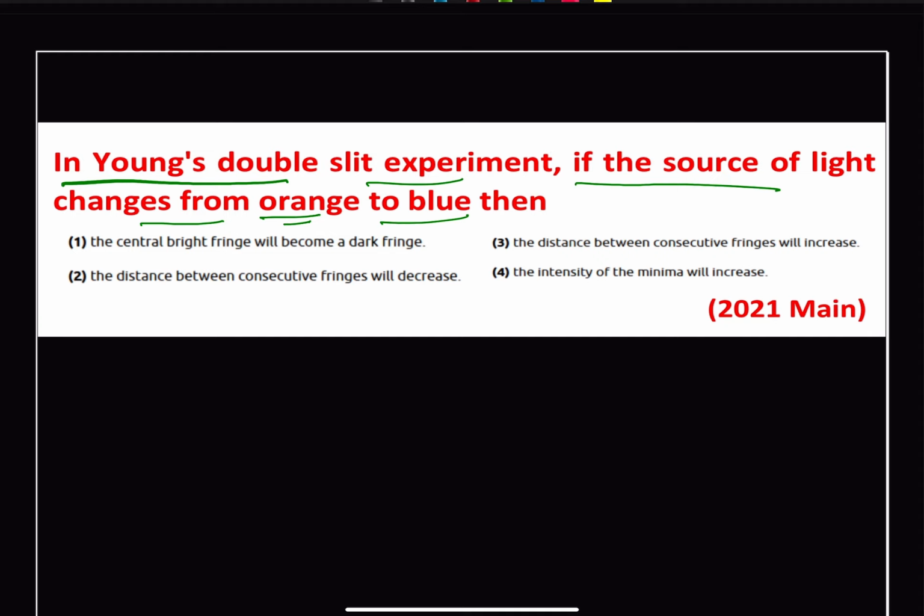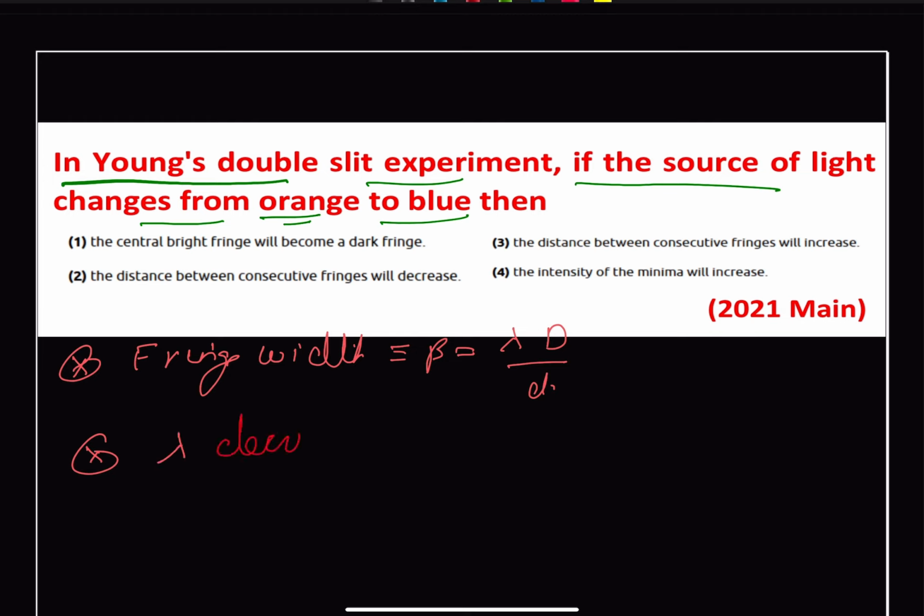And here we know that our fringe width, that is beta, is equal to lambda D upon small d. And moving from orange to blue, the wavelength is going to decrease. So lambda decreases, therefore beta also decreases.